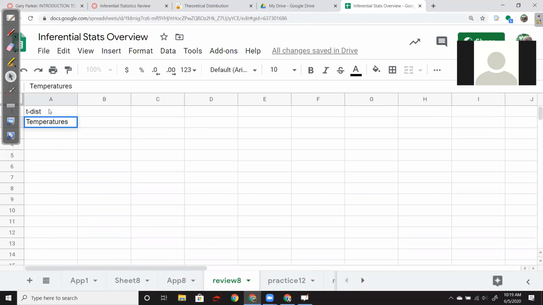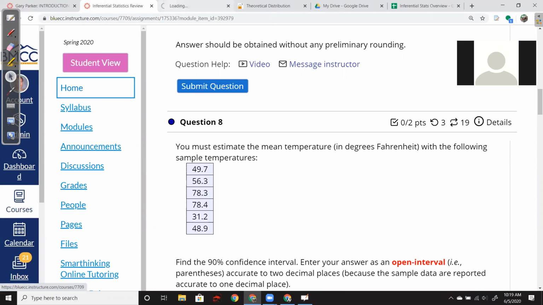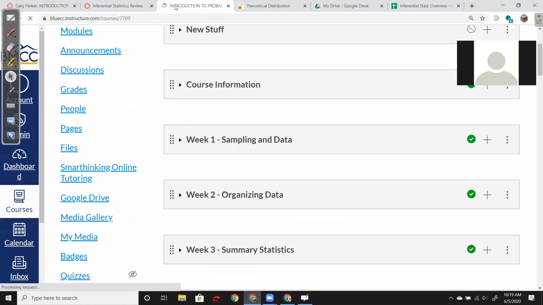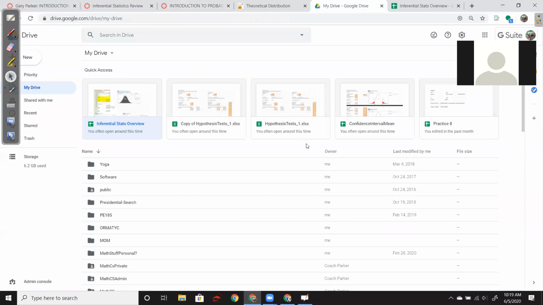And you could also use one of the pre-built spreadsheets that I put up back. Let's see. Hopefully you have these stored on your computer or in your Google Drive so you can get to them quicker. So let's see, I should have one of them here. Confidence interval for a mean. So that would be this sheet here.